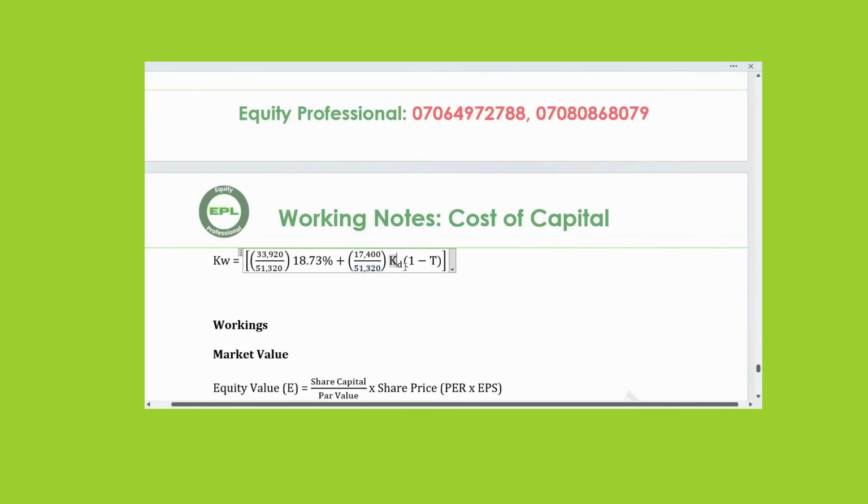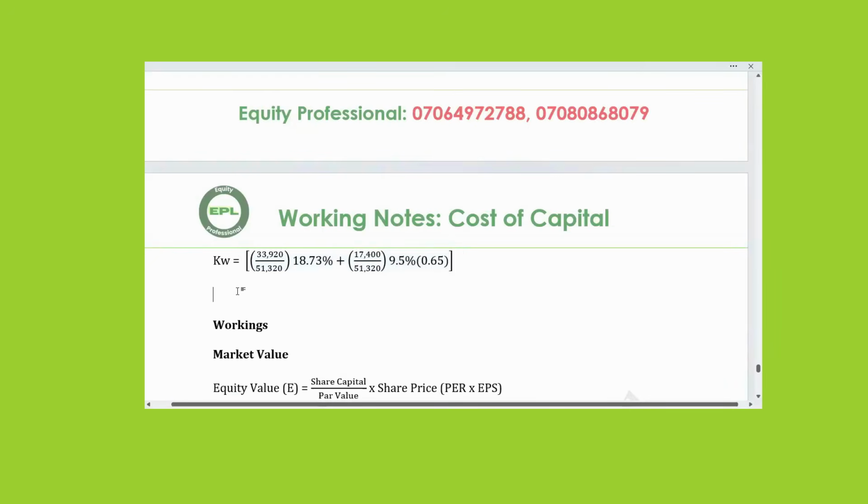The cost of debt is not given in the question, but the examiner has told us that the cost of debt is 0.5% above 9%. So 0.5 plus 9 will give us 9.5%. Then 1 minus the tax rate. The tax rate is 35%. 1 minus 35% will give us 0.65.